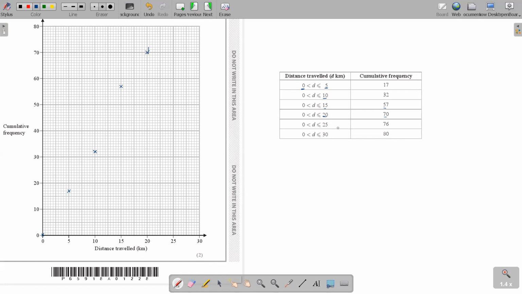Okay, and then at 25, we have 76. Oh wait, this got smudged. At 20, sorry, how much was it? At 20, we had 70, right? And then again at 25, we had 76. So this is 75, this should be 76.